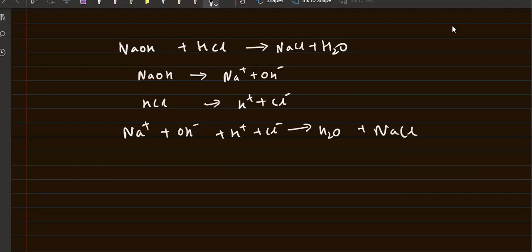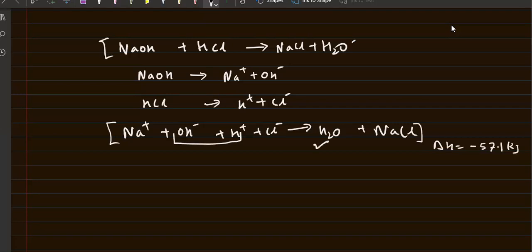Right? Now tell me. I just said that this reaction has delta H equal to minus 57.1 kilojoule, right? So are this reaction and this reaction the same? This is reaction A and this is reaction B. Are they same or different?